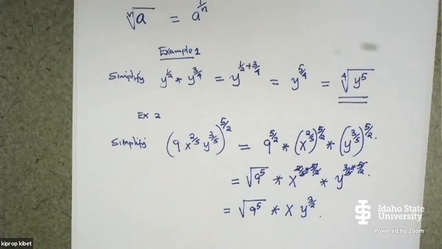So you simplify. Distribute this power to each one of them. Then this 9 raised to 5/2 using this property here.